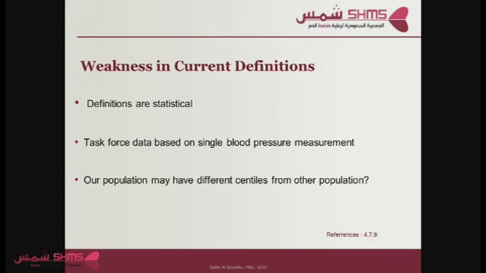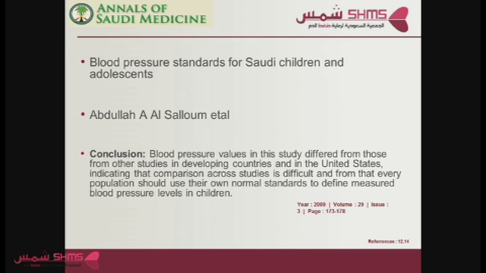We see that our population is really different from other parts of the world. So Professor Abdullah Al-Salloum conducted an excellent study. It was in 2009, but it's really excellent, on 17,800 children nationwide.